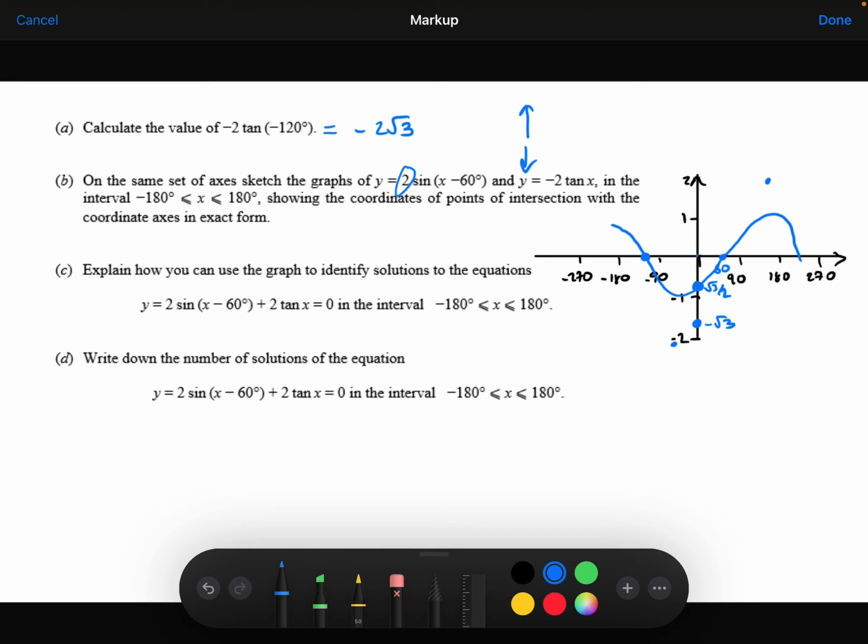The roots won't change. The y coordinates here, here and here are still all 0, so timesing those by 2 will still be 0. So it's still going to go through those same points. So it's going to look something like that.